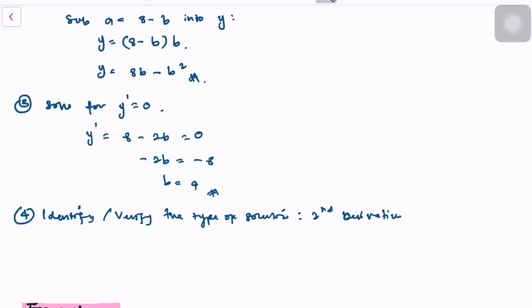So kita nak kena dapatkan y double prime. So we are going to have minus 2. So this is actually less than 0.